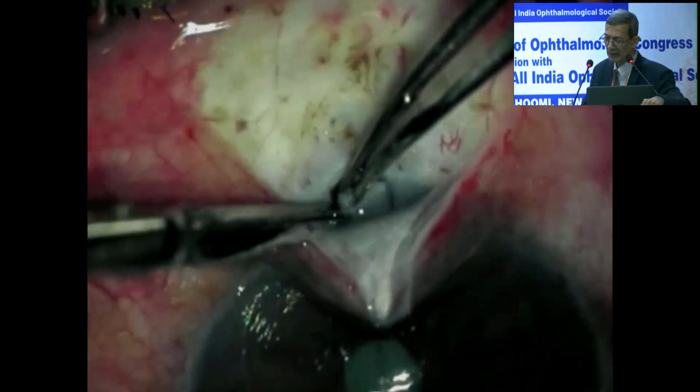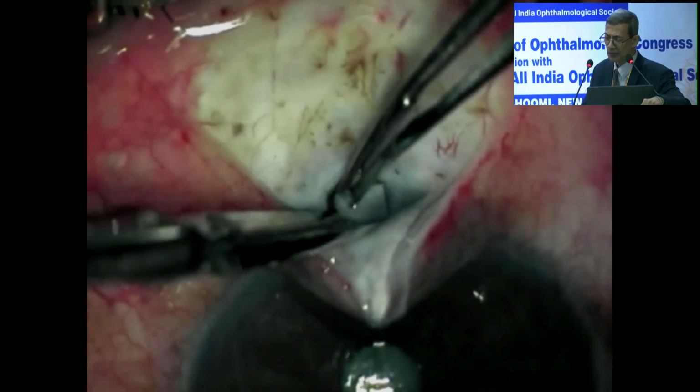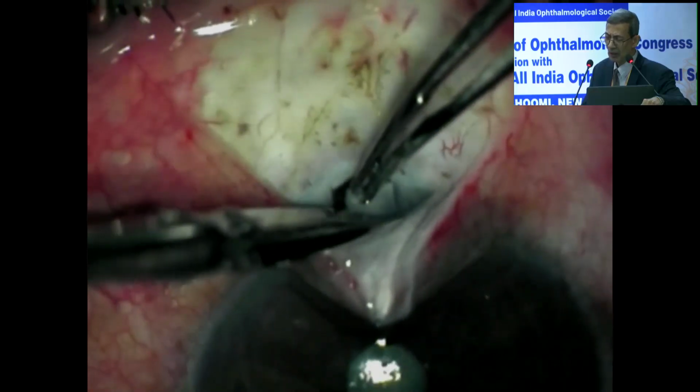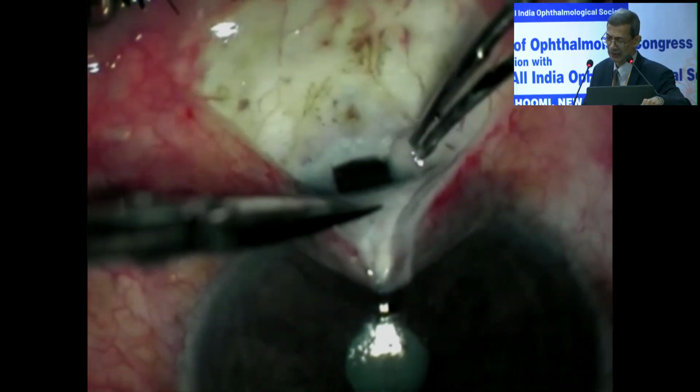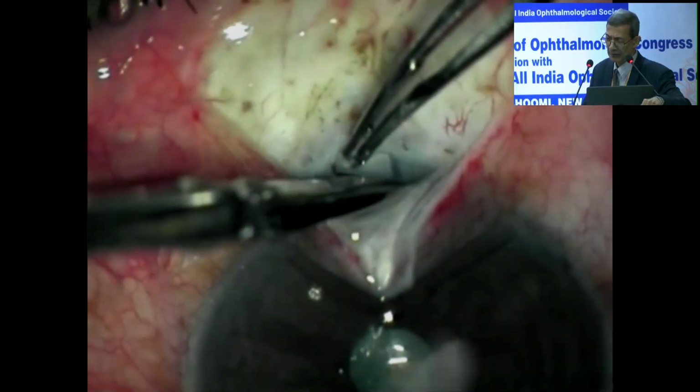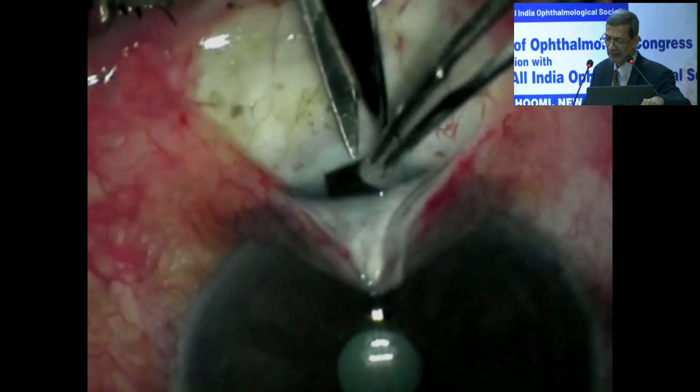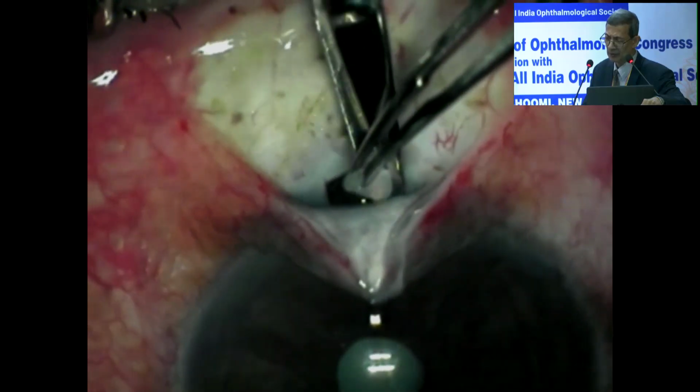Then with the help of Vannas scissors, 2 by 2 or 3 by 2 millimeter limbal tissue is excised. You can see here the block is made and about to be removed.